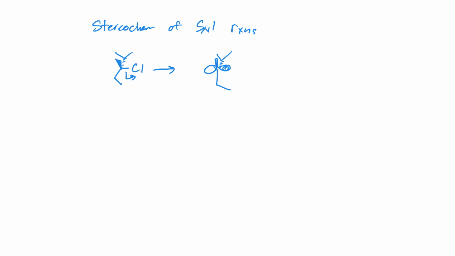I also drew the empty p orbital, and maybe it might help to draw sort of a plane there to imply that what we're looking at on our screen is this planar cation perpendicular to the screen. So the p orbital is in the plane of the screen, the ethyl group is in the plane of the screen, this methyl is projecting towards you, and this isopropyl is projecting back out of the screen away from you.